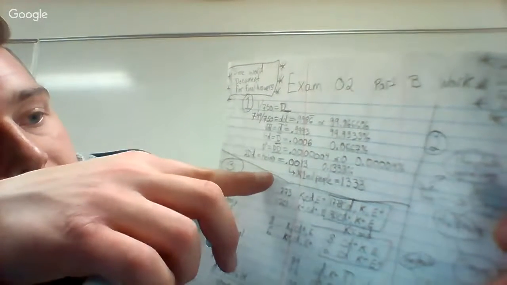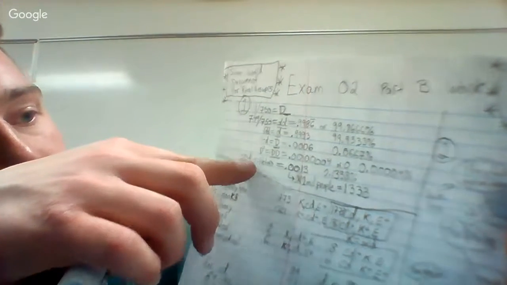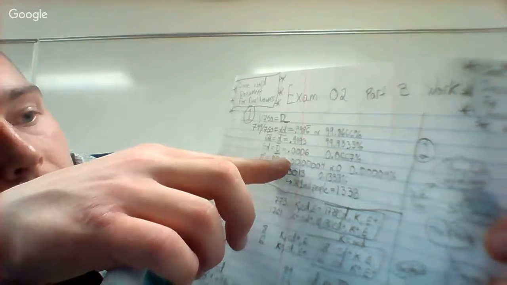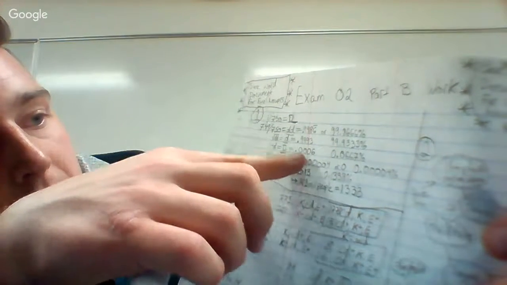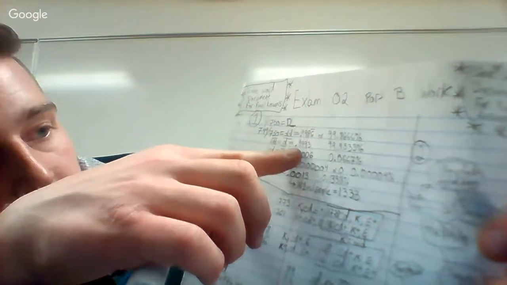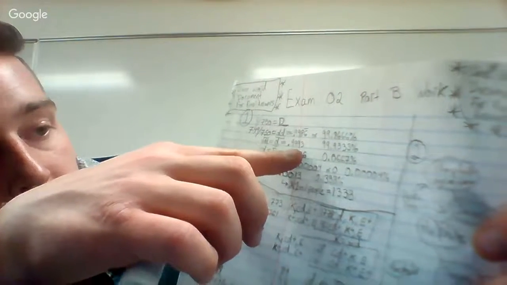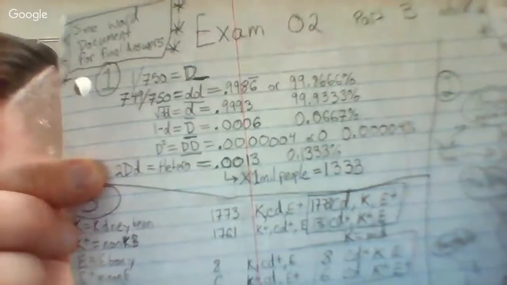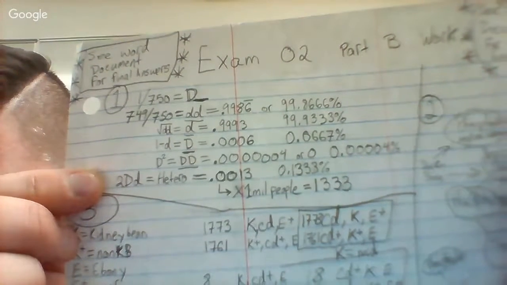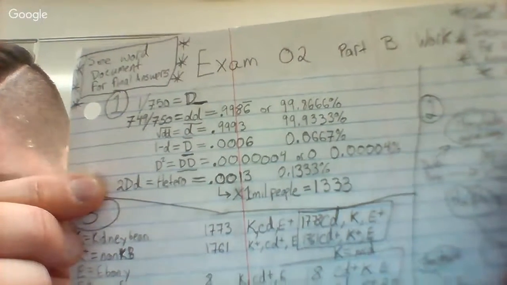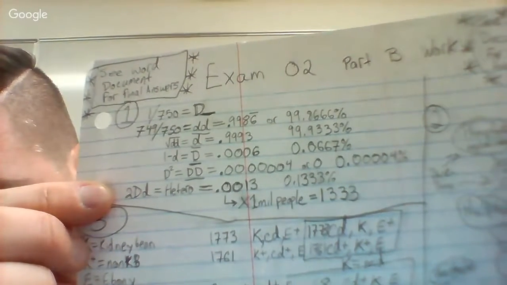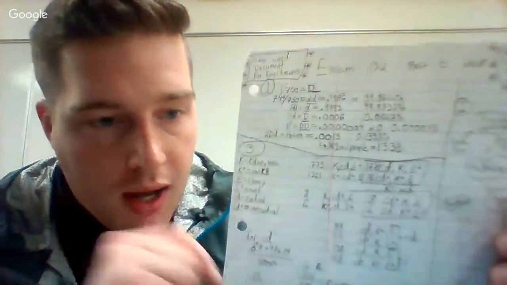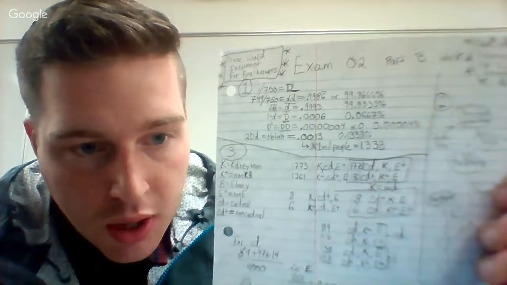And then to find the heterozygous, you're going to do 2 times D by itself, which is 0.0006, times the little d, which is 0.9993, and then times 2. So I got that here, that heterozygous was 0.0013, which is 0.1333%. And so I found that, and that helped me answer most of those questions.